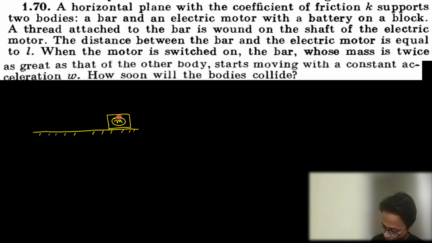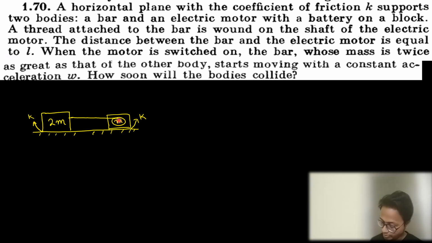Okay, there is a rope wound out in this motor, and that rope is connected to a block of mass 2m. Okay, this is the connection. The coefficient of friction between the ground and this slab is k. The coefficient of friction between the ground and this motor is k. That means the ground has a friction coefficient of k.